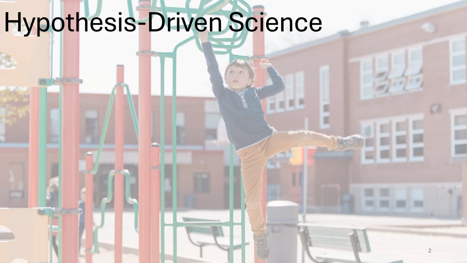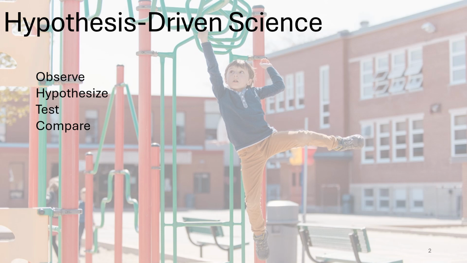In contrast, hypothesis-driven science involves constructing a specific, testable explanation for a phenomenon based on a set of observations. After testing this explanation, conclusions can be drawn depending on whether the results you obtain support or refute the explanation.